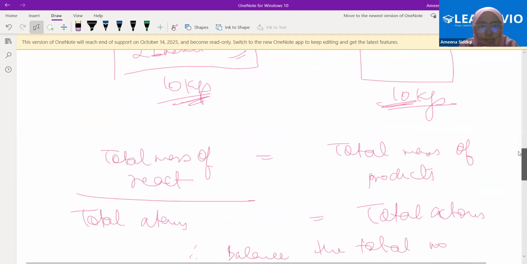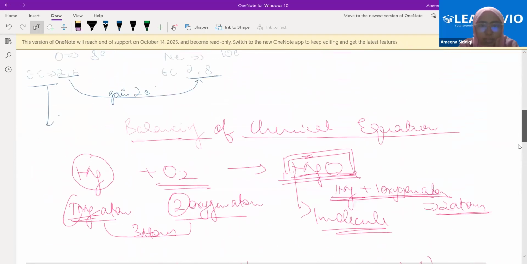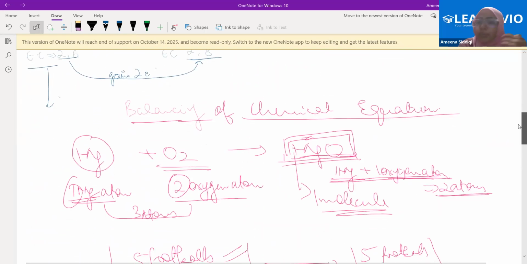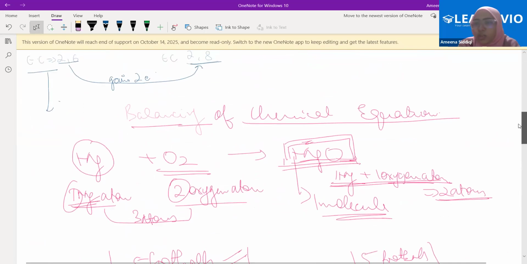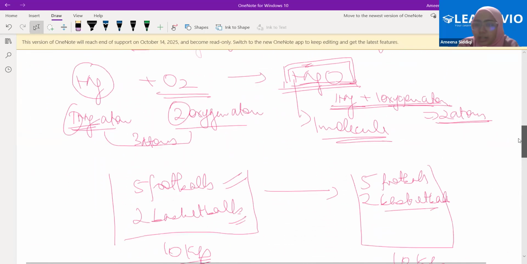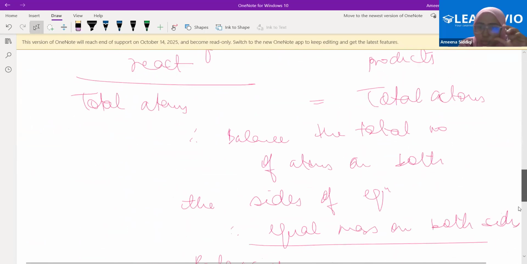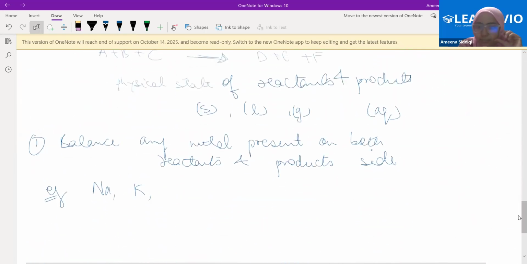We discussed the skeletal chemical equation, right? Basically, the equation which is not balanced but is representing the reaction is called a skeletal chemical equation. If you balance that equation, that is called a balanced chemical equation, okay?